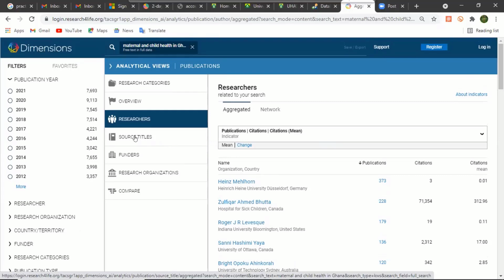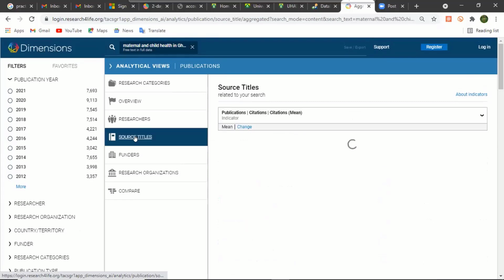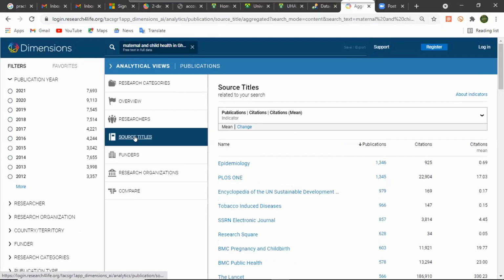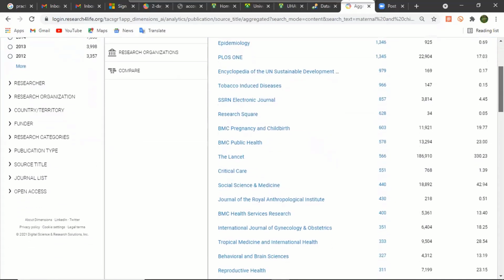Then what about the source titles? The source titles simply tell us the journals where they are publishing these documents. So you can see that the most common venue for publication on this topic is epidemiology. It has 1,346, followed by PLOS ONE, Public Library of Science, 1,345. So again, as I mentioned during the Scopus search, these are also ways of finding out where I should publish.